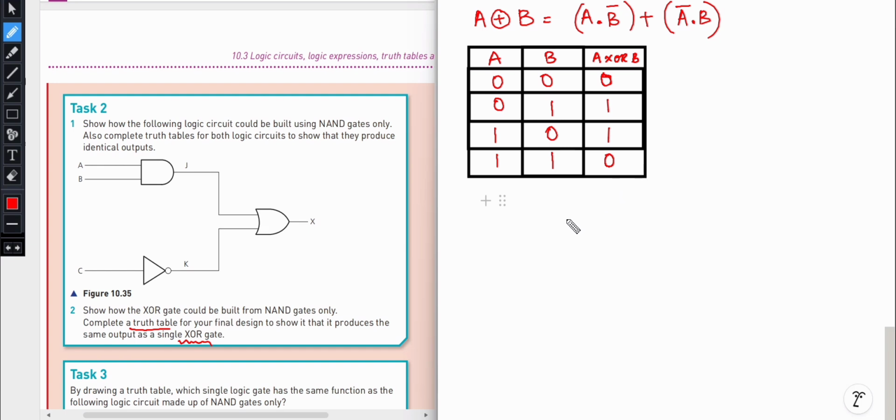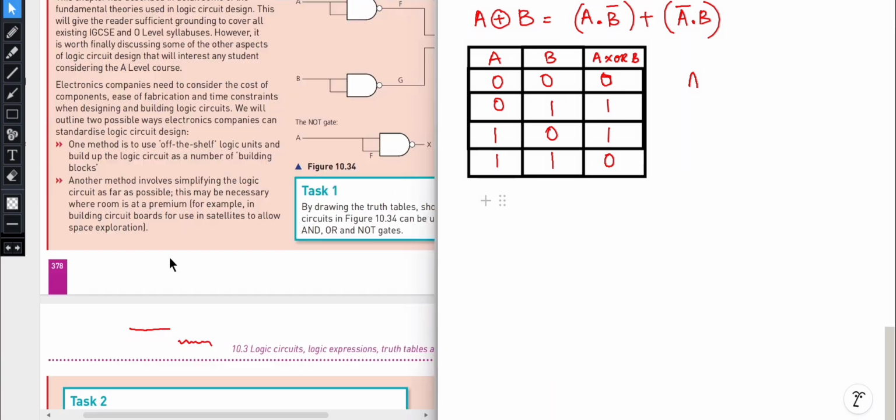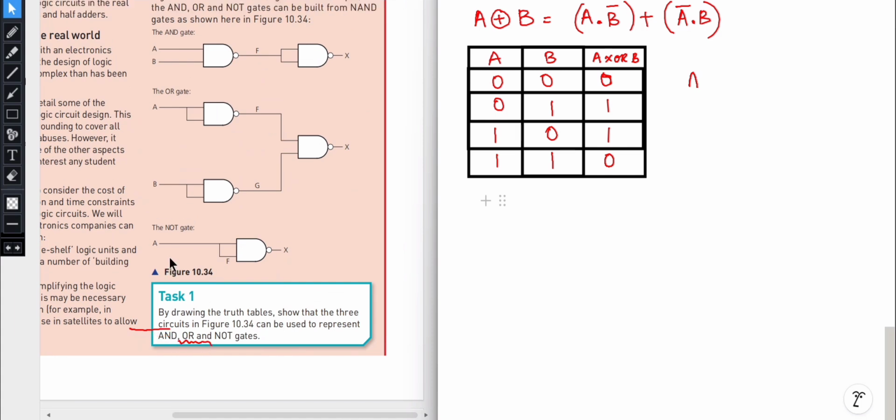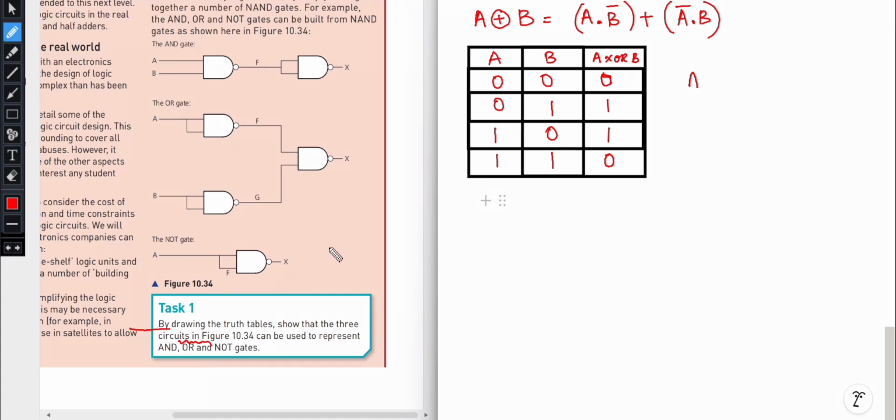So when we have to make it using only NAND gates, let's just go a little backward and talk about it a little more. When we are talking about a NOT gate, we are also talking about A NAND A. That was the main idea behind this.